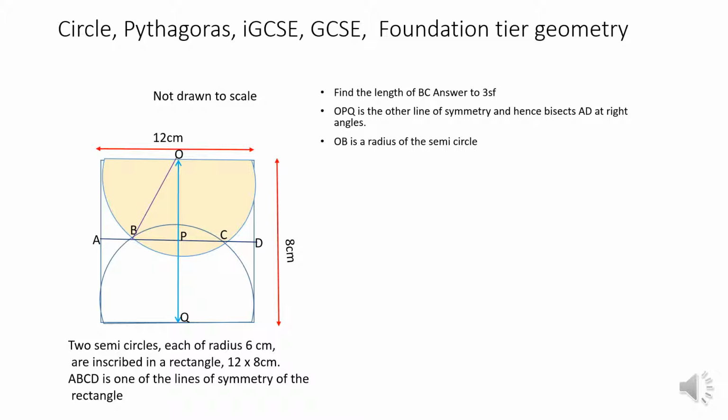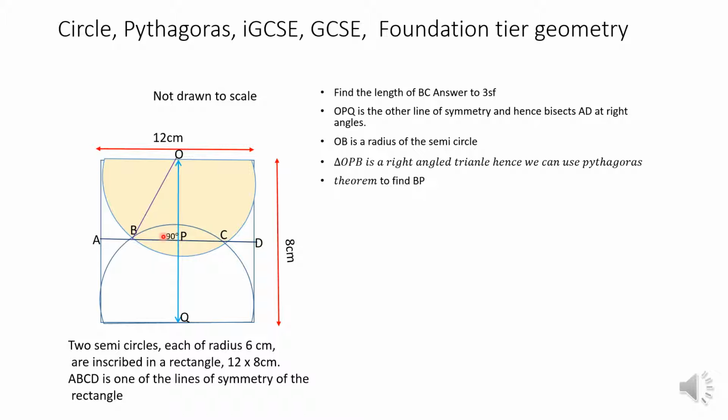So in effect, in the triangle OPB, this triangle here is now a right angle triangle because the angle OPB is 90 degrees. We now want to find this line BP.